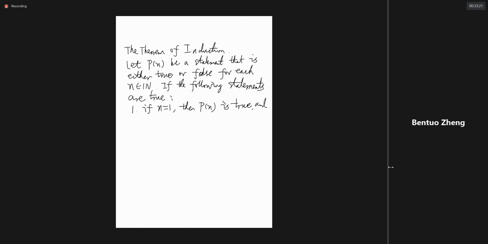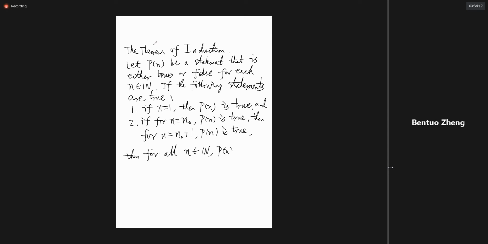And the second is, if for n equals n0, Pn is true, then for n equals n0 plus 1, Pn is true. Then for all n in N, Pn is true.